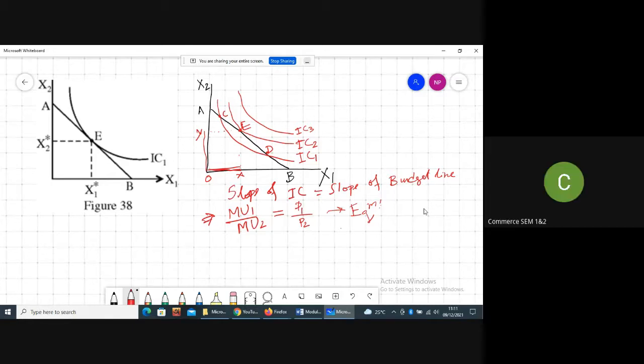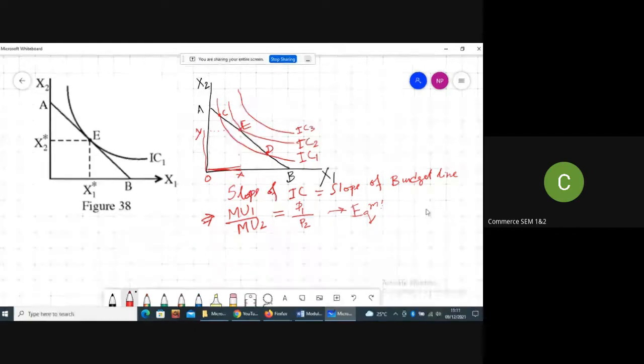Because the amount of expenditure the consumer is incurring consuming the commodity combination at point C, and point E and point D are all the same. Everywhere we need to spend m amount of money income, because all these 3 points are on the same budget line.